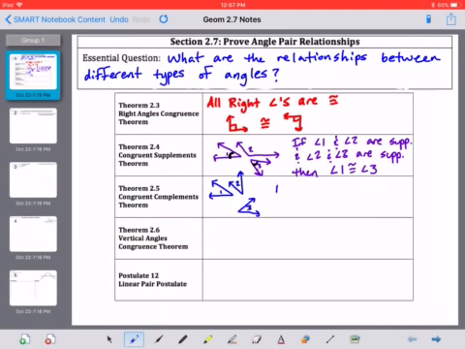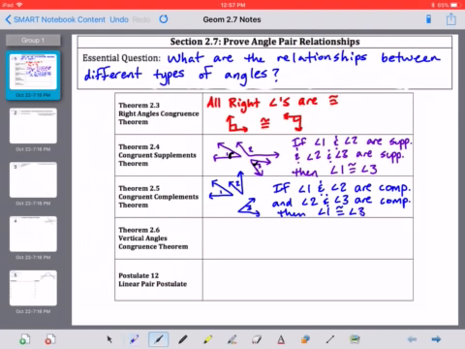That tells us if angle 1 and angle 2 are complementary, so they add up to 90 degrees, and angle 2 and 3 are complementary, then angle 1 has to be congruent to angle 3. Again, it looks kind of like the transitive property, but if they're both complementary to 2, then 1 and 3 have to be congruent.